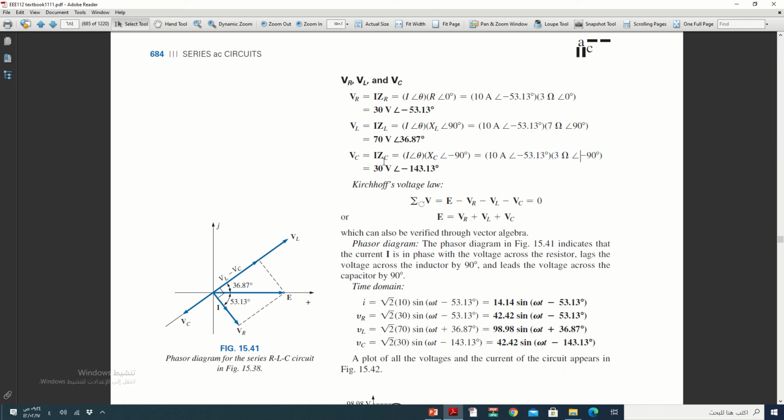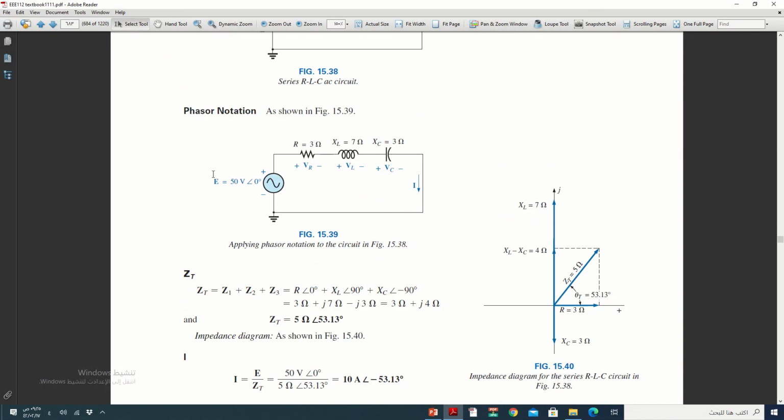You will find here the answers for VR, VL, and VC. If you add them, you will get the voltage, which is 50, if you remember, 50 as given.